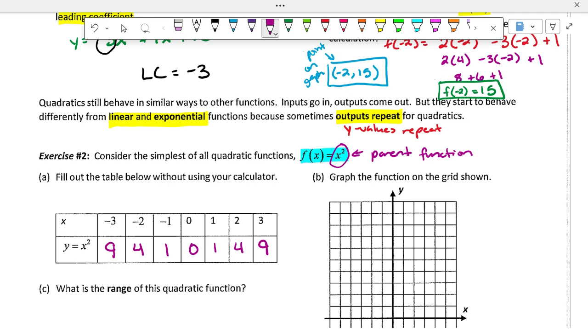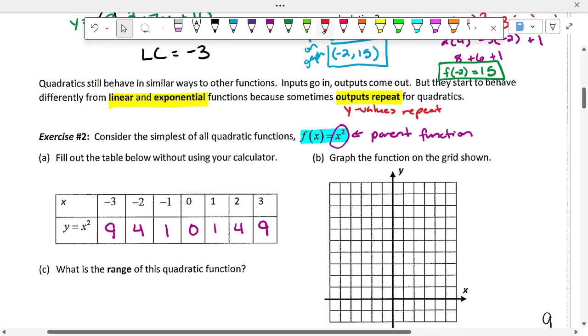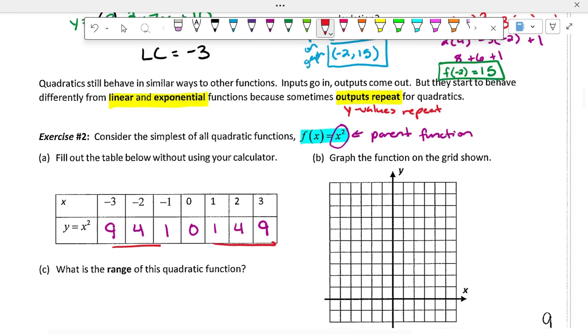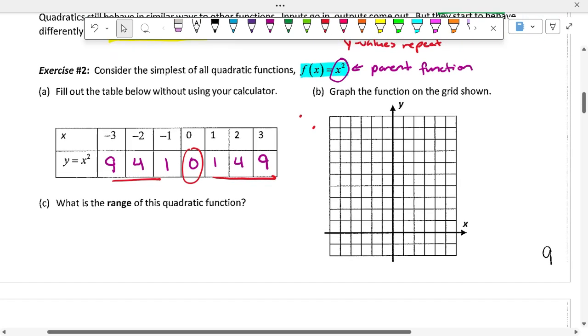Now, if you notice, the y values repeat. All right. What's the only y value that doesn't repeat? 0. The reason that this number is not going to repeat is because it's actually where our function turns. We'll learn what that's called in just a second. So we're going to take a minute and actually graph those points that we have.